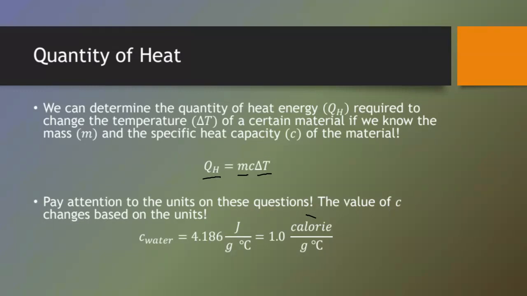And then C just represents the specific heat capacity. This value would come from a table, or it would come from some other information that was given to you. It is specific to the material.